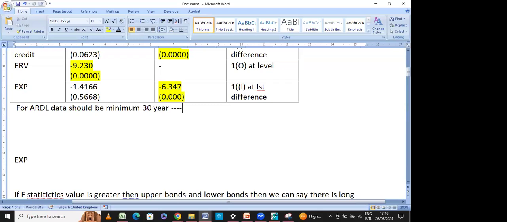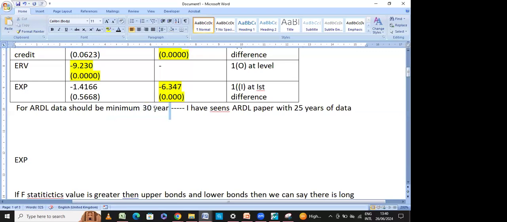I have seen ARDL papers with 25 years of data, but the recommendation is a minimum of 30 years.